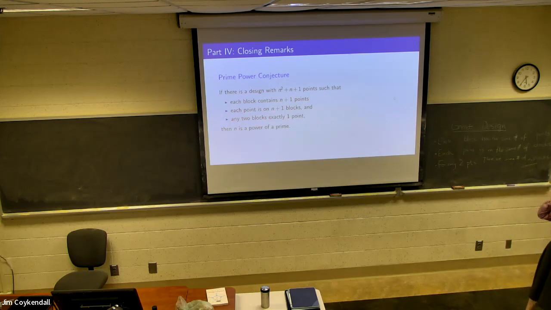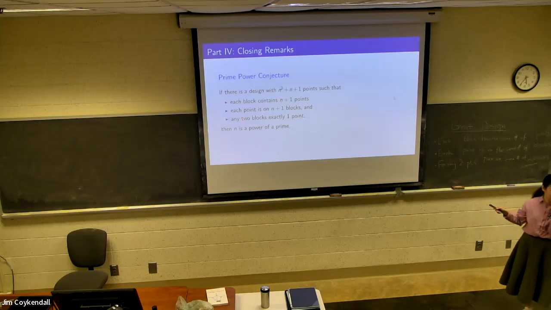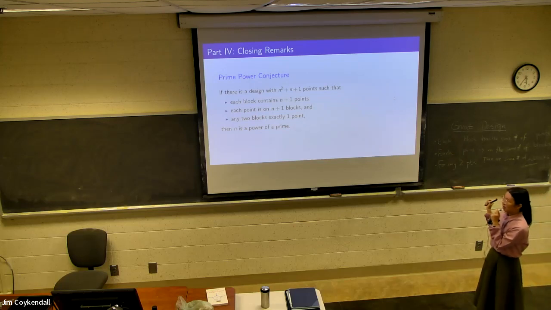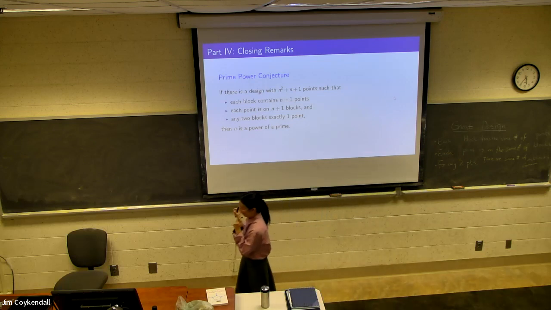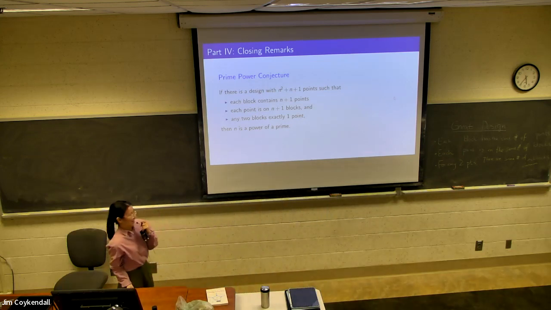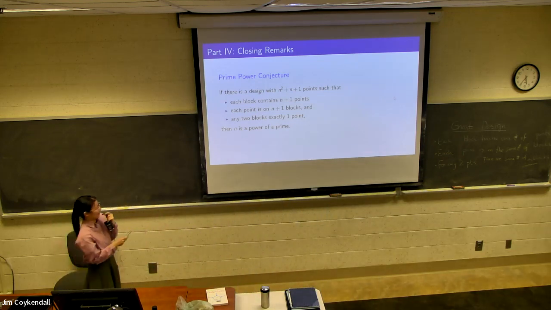Sorry, I missed the word there. Then n is a power of a prime. That is a conjecture. This conjecture is, I should say, a pretty famous one in combinatorics. If you can solve it, I will be very happy to write a paper with you.